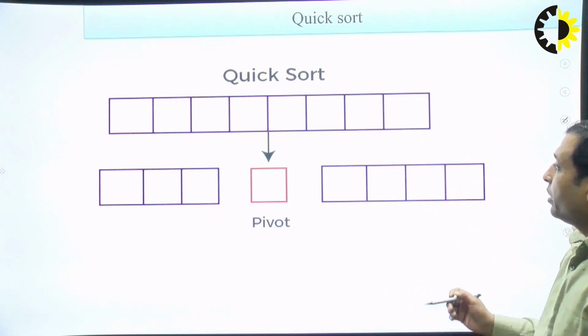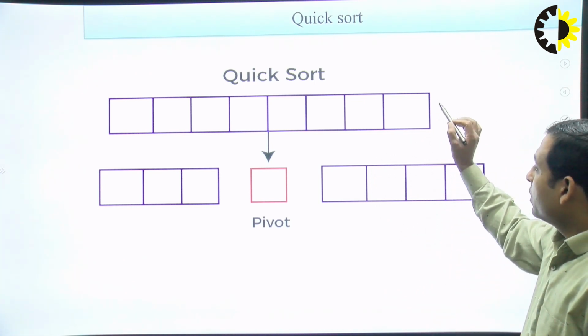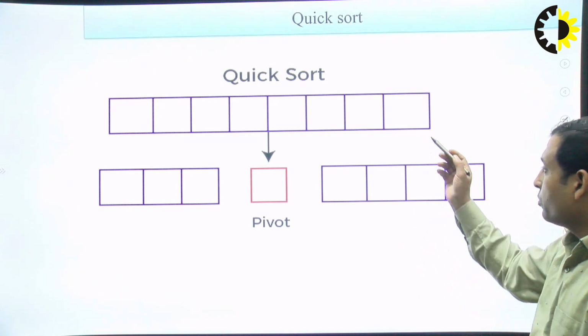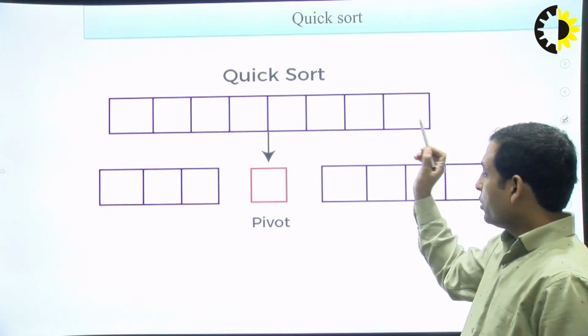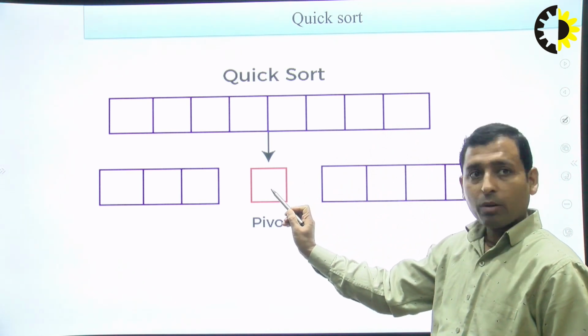Just take an example. We can choose the pivot element as the first, the last, or any other element. Position the pivot element at its proper position.